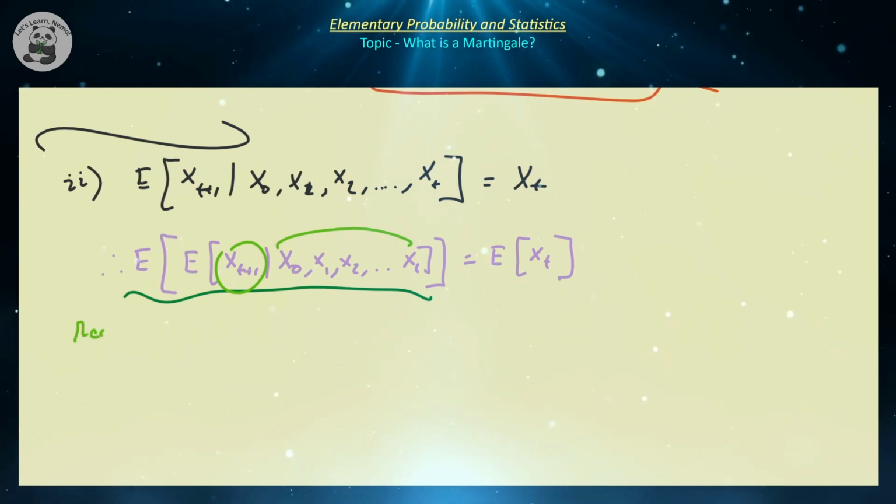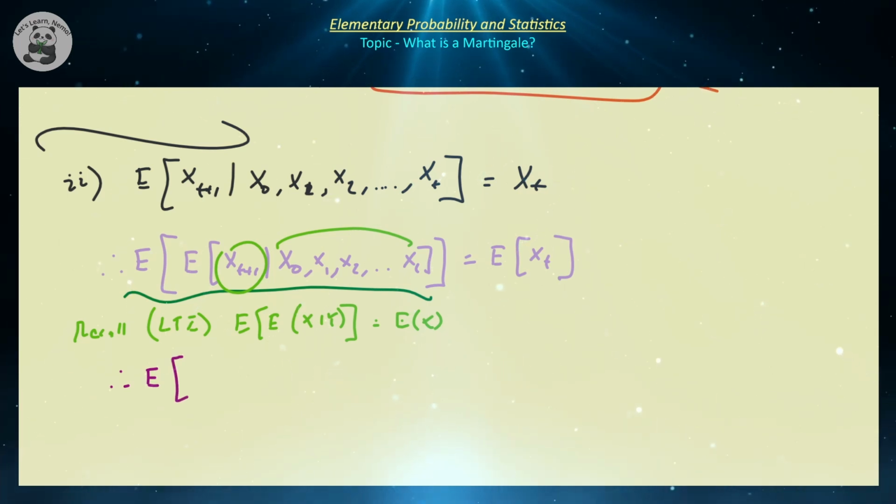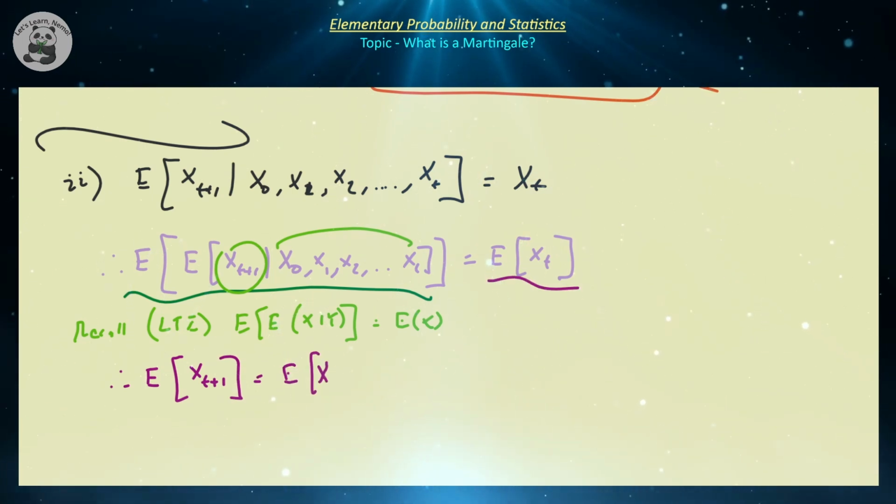If you recall the law of total expectation, it said that the expectation of the conditional expectation of X given Y is actually just equal to the expectation of X. So that means the left-hand side is just equal to the expectation of X_{t+1}, and that's going to be equal to the expectation on the right-hand side of X_t. Right? So if that is the case, then what exactly do we have? We have the expectation of X_{t+1} is equal to the expectation of X_t.